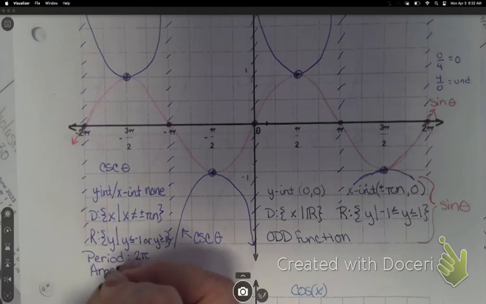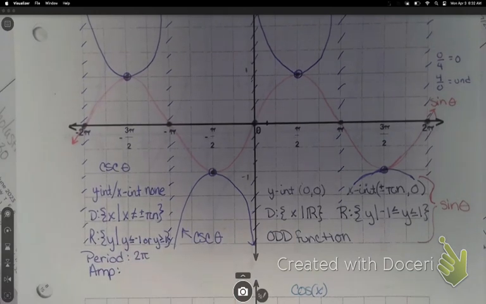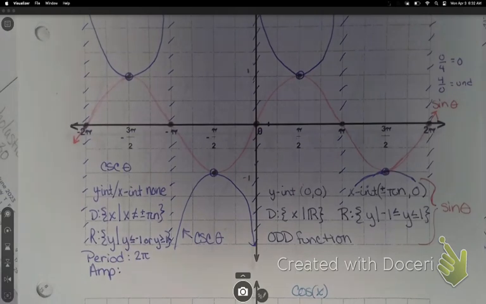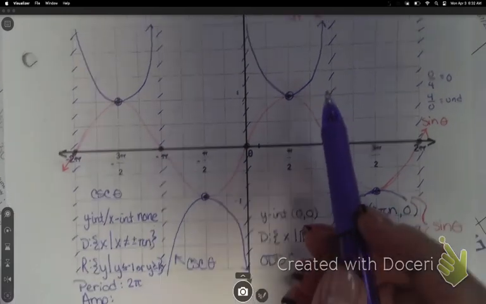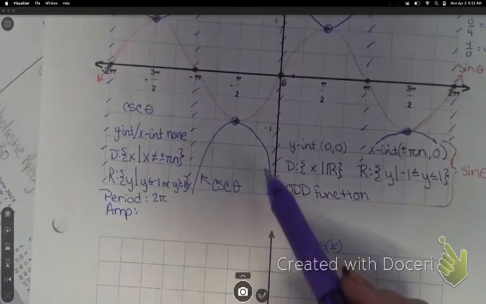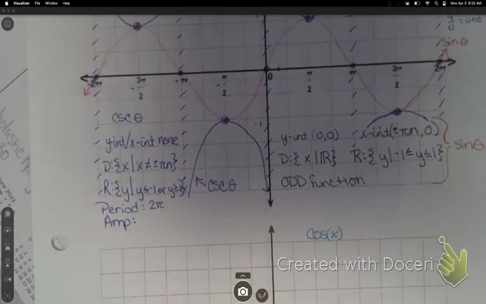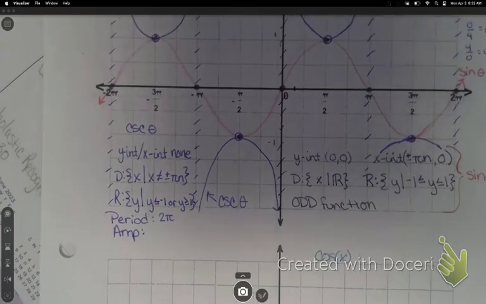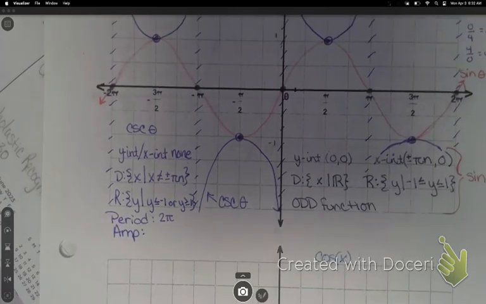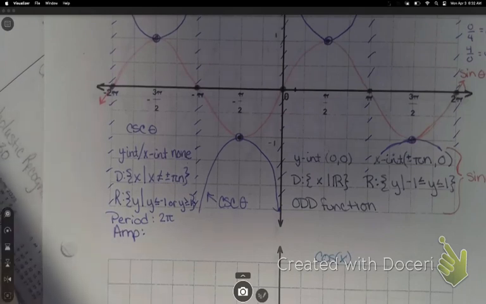And amplitude is the distance, like it goes up or down. The max. Well, if it goes forever up and forever down, does it ever have a destination it gets to? No. Some people will say infinity. I have a problem with that because we don't define infinity as a number, do we?